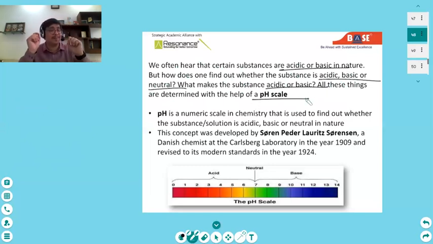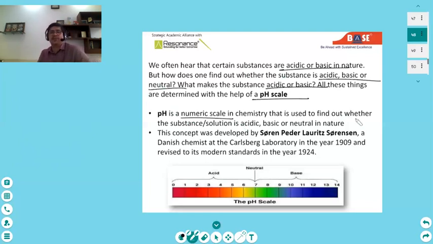So Arrhenius tells acid and base. pH helps us to find out what is the strength of acid, what is the strength of base, whether it is a highly strong acid, or a weak acid, or a moderate acid, strong base, weak base, or moderate base. That is the function of pH scale. So pH is a numeric scale. Numeric means it has value.